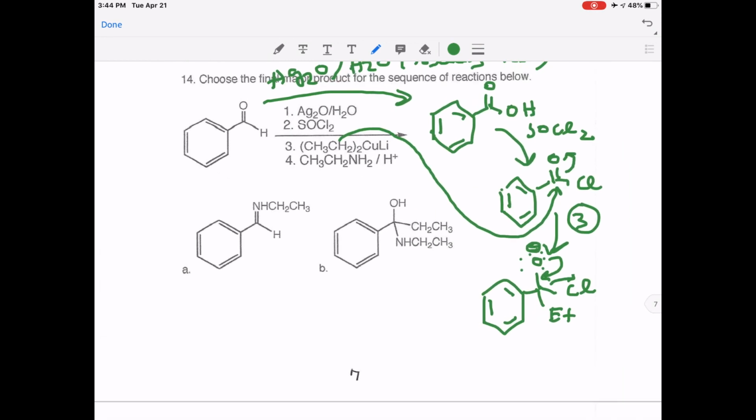And so what we're left with is just a ketone. So now we are at an intermediate.